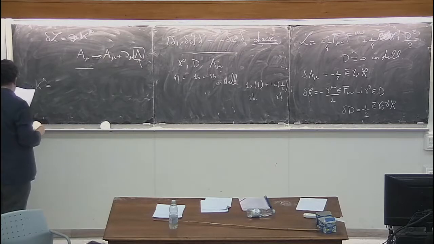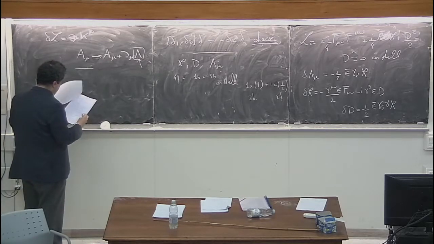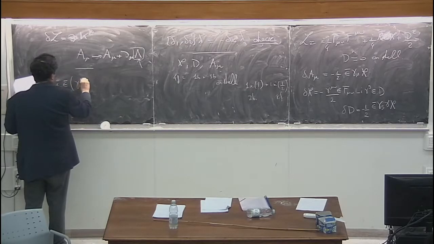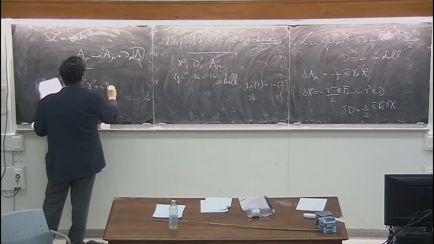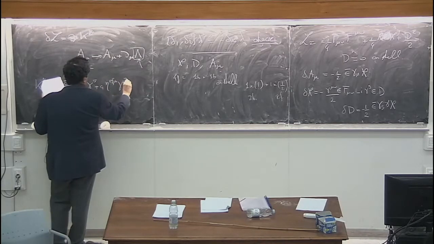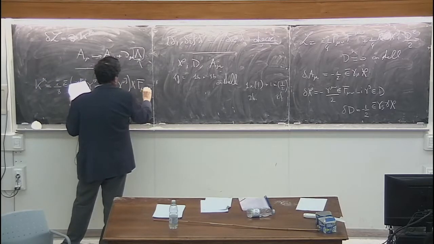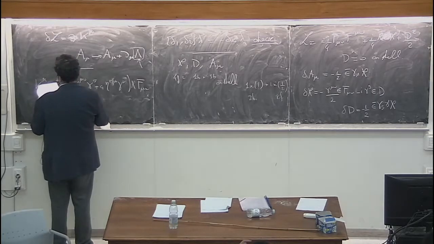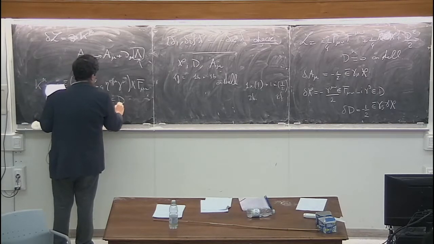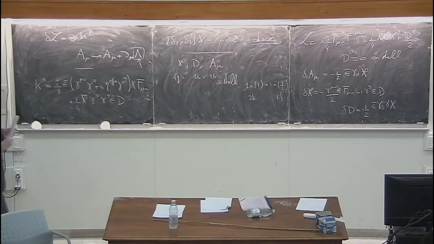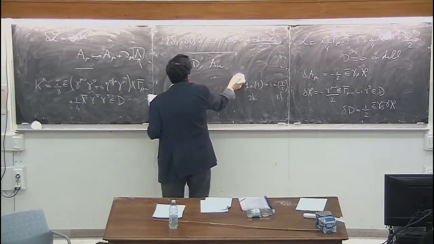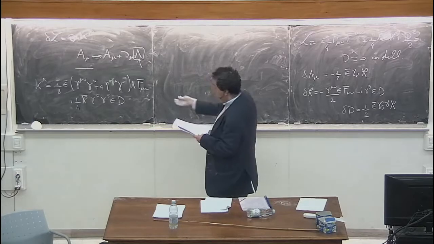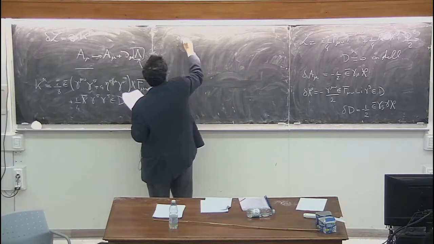After some work, it is i over 8 epsilon bar gamma mu nu gamma sigma plus 4 eta sigma mu gamma nu chi F mu nu, plus 1 over 4 chi bar gamma sigma gamma 5 epsilon D. So this is the kappa mu, and you can see that d mu kappa mu is different from 0.